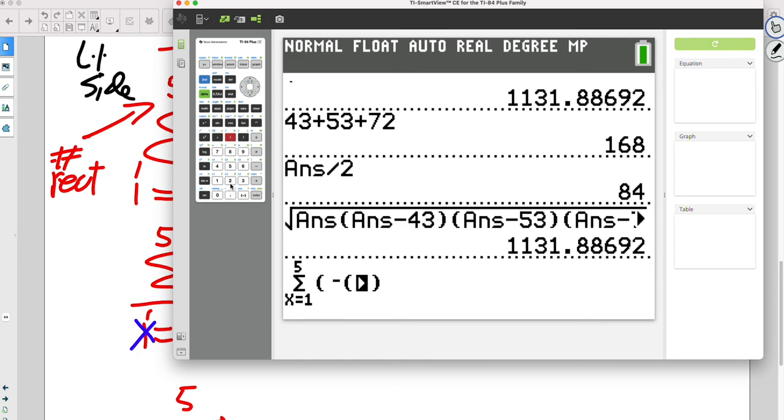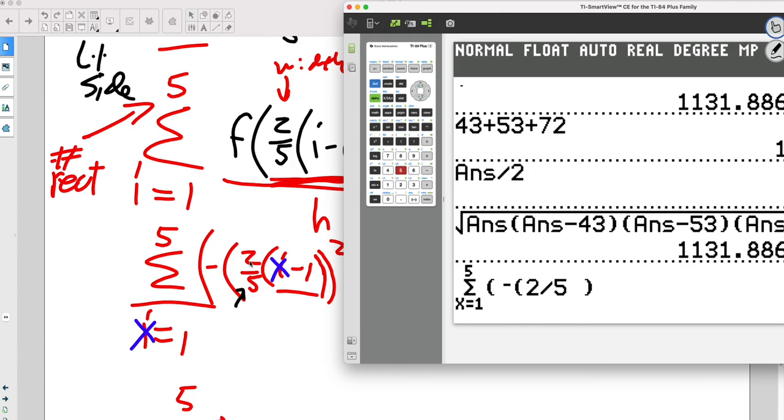Okay, 2/5. So that's this part here. I need another parenthesis. It's x minus 1, n parenthesis squared. Whoops, need one more parenthesis there. So it's negative, this is in parenthesis all the way out to here.